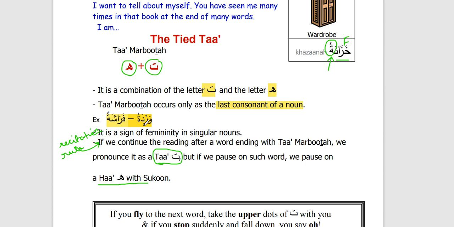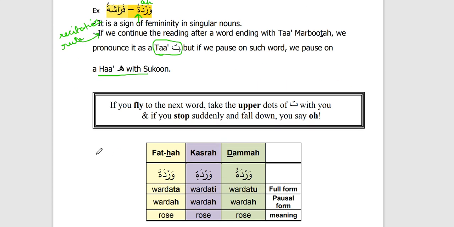For example, if I continue reading wardatu farashatu, I will pronounce the ta marbuta. But if I want to stop on this word warda, I will stop on this ta marbuta as an ah sound. Warda, farasha. That is the recitation rule. But if I want to continue, I will pronounce it as ta. Wardatu farashatu. That's how it goes.